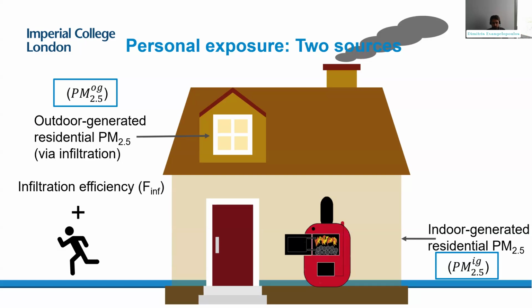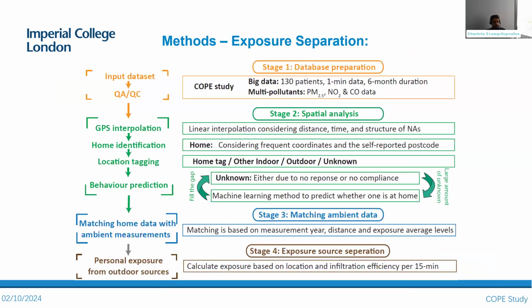So to do the exposure separation, we needed information on how outdoor pollution infiltrates indoors and what the time activity patterns are of the individuals included in our study. I have a rather busy slide here. It was a long and complex exercise. I will not go through each and every step, but in a nutshell, we first cleaned the data and prepared databases in order to perform the appropriate quality controls.